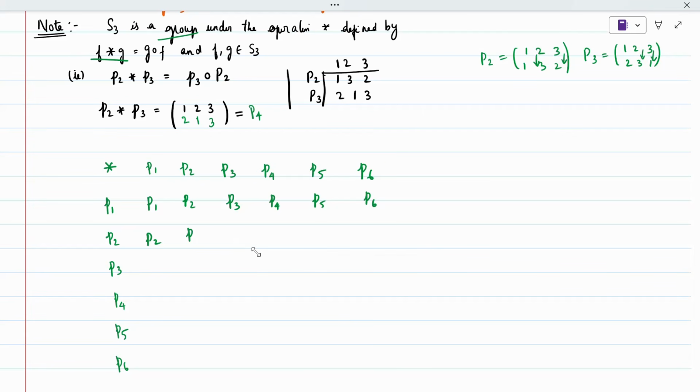P2, P1 here, P1, P4, P3, P6, and P5. Next will be P3, P6. The same arrangement you will not have. When you multiply only, we know what answer you are getting. You have to multiply and check it.